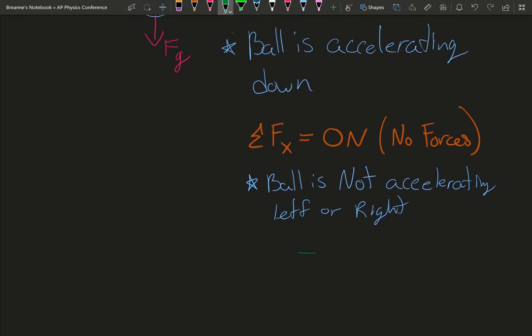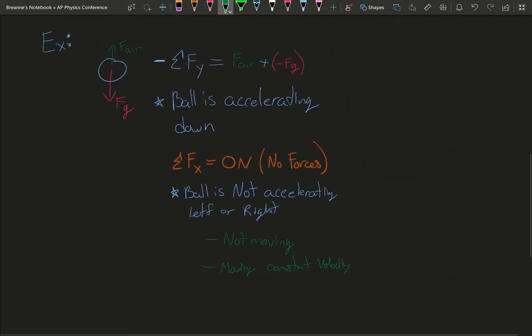But what we don't know, so this could be an either-or situation again, is that it can either be not moving or moving at constant velocity. Just because there's no forces represented doesn't mean the ball is still not moving.